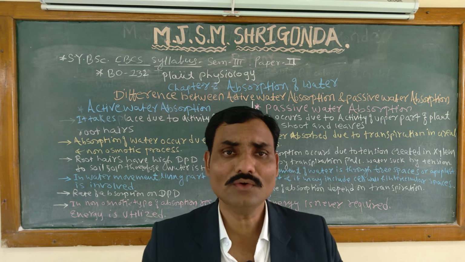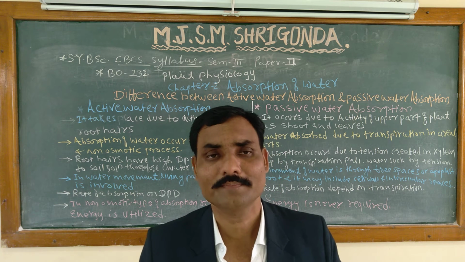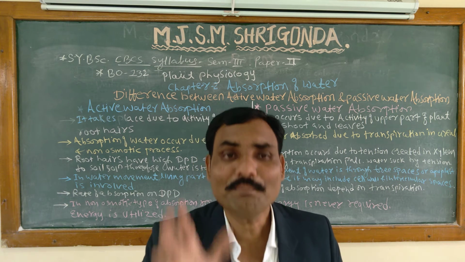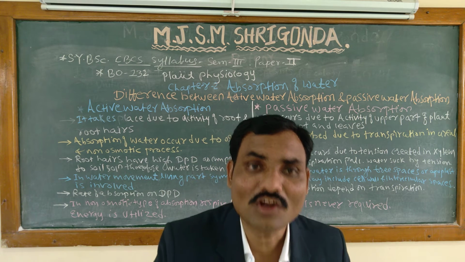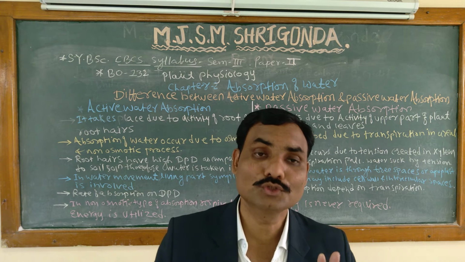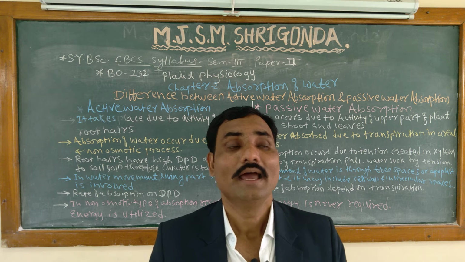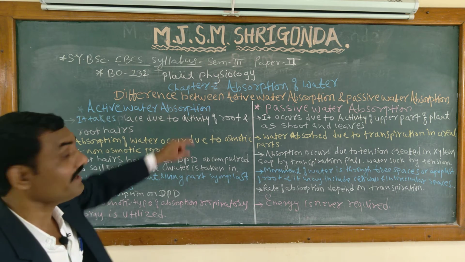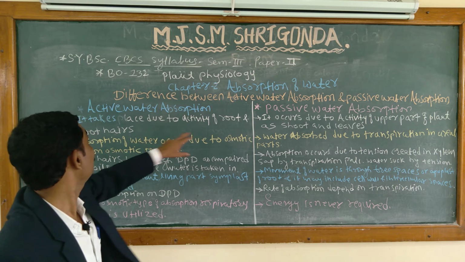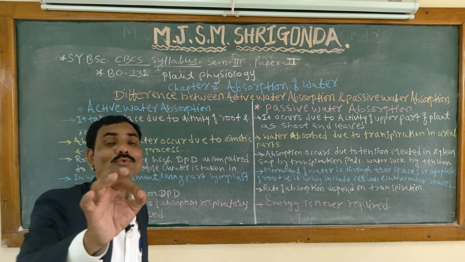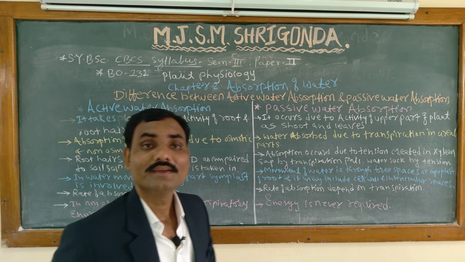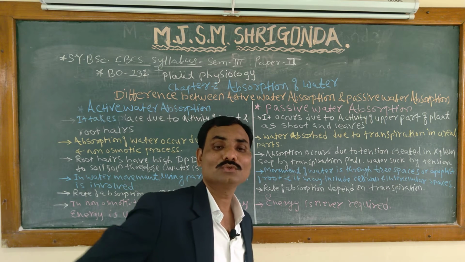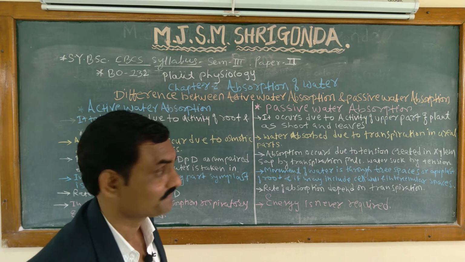In active absorption of water, the underground organ of the plant, that is the root, is involved. Active absorption takes place with the help of root and root hairs. Root and root hairs are underground parts.